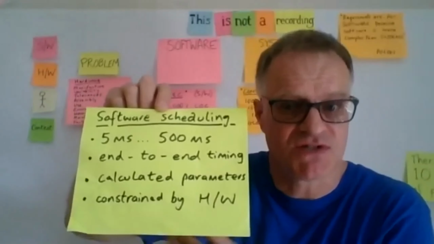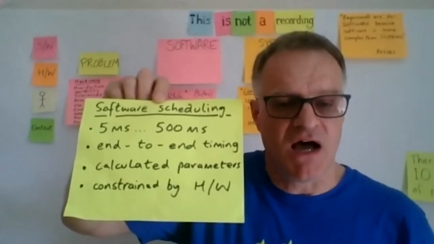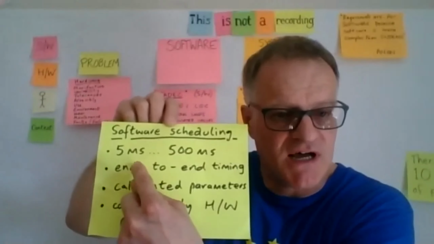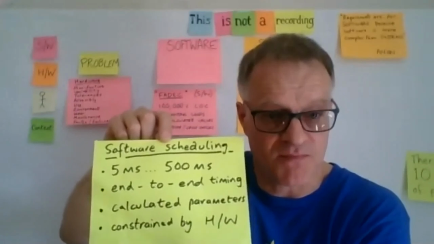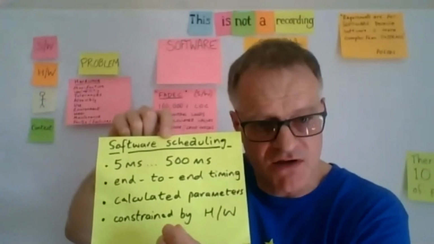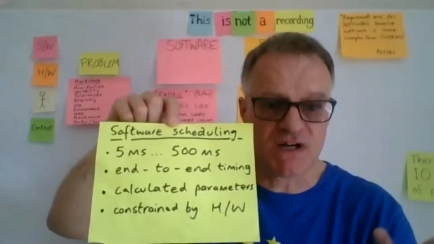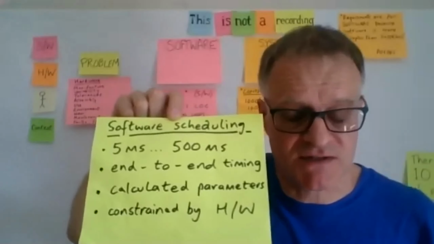The control system responds and therefore does something to the engine as a result of the event. And of course, that end-to-end timing constraint means that the scheduling is very complex, because if you're measuring a value and using that value to calculate another value, then the order and timing of all those calculations is extremely complex.